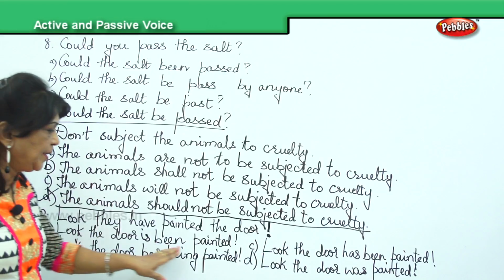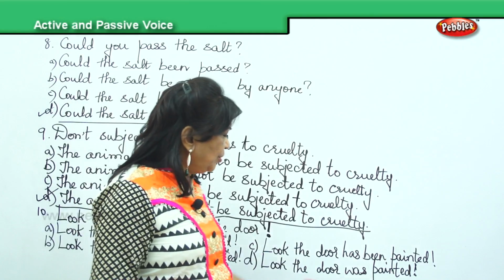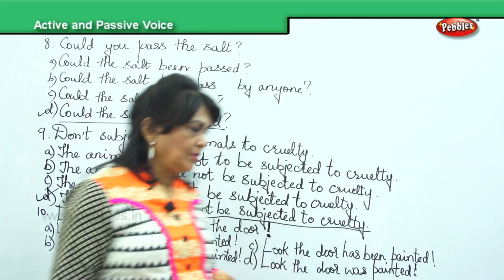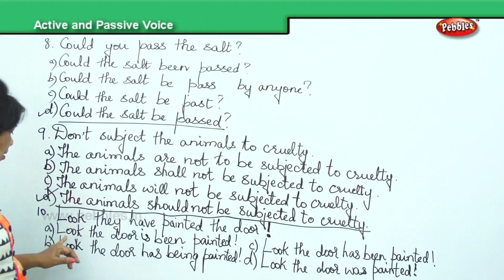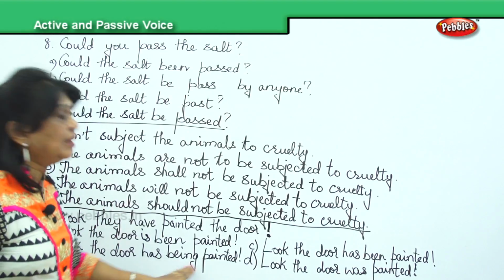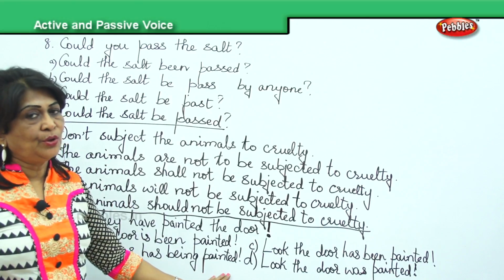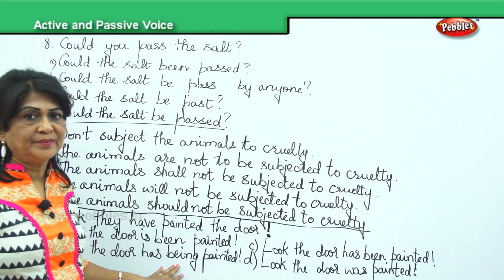Look, the door is been painted is wrong. And look, the door was painted also is wrong. Because we have perfect tense have here. Now, what is the next option? Look, the door has been painted is also wrong. Why? Has been cannot come.